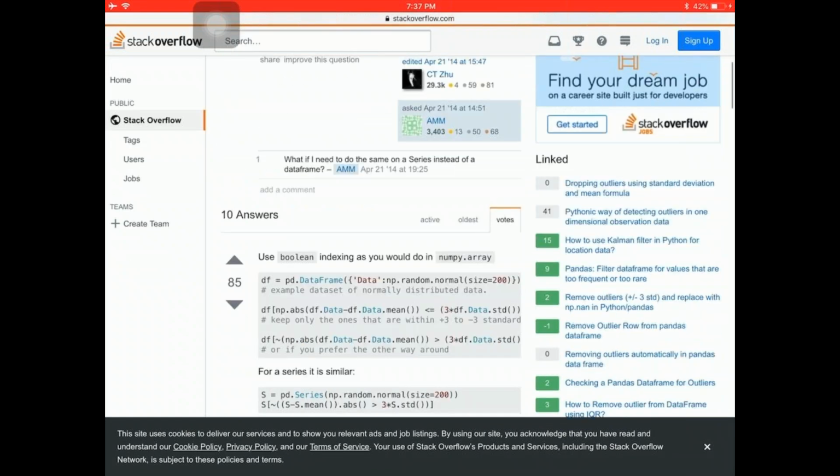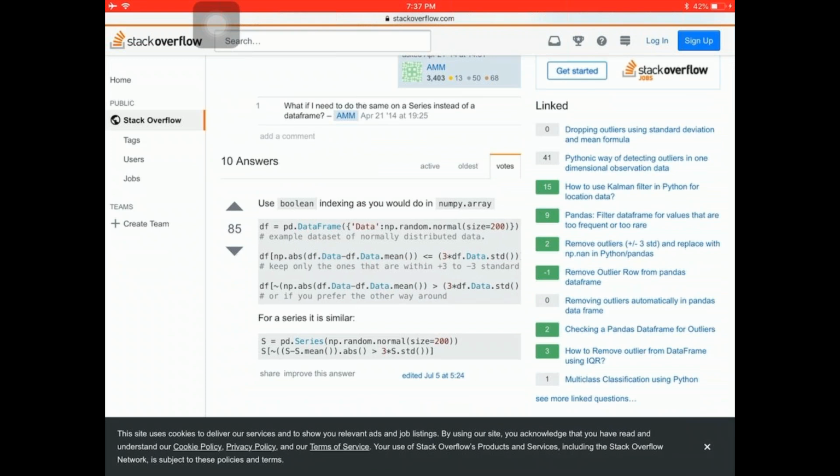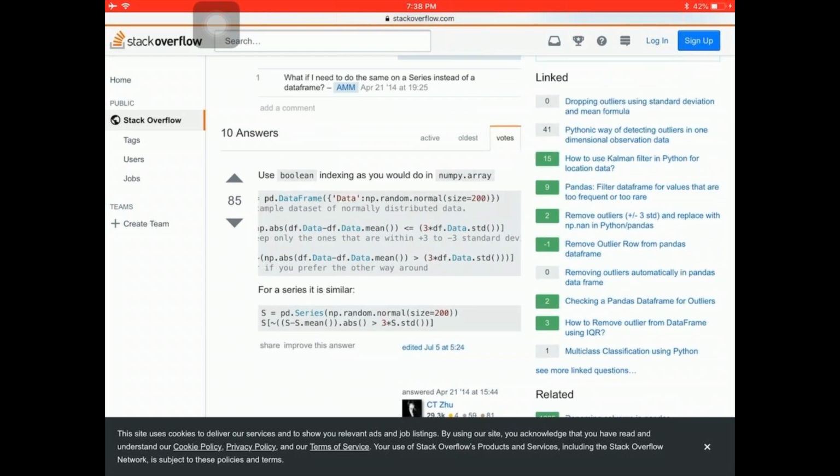Okay, so you have a data frame. You see here, you define 3 times the data standard deviation. This is the standard deviation of this. So if my data is beyond the 3 standard deviations, I consider this as an outlier. So this minus is basically removing them.